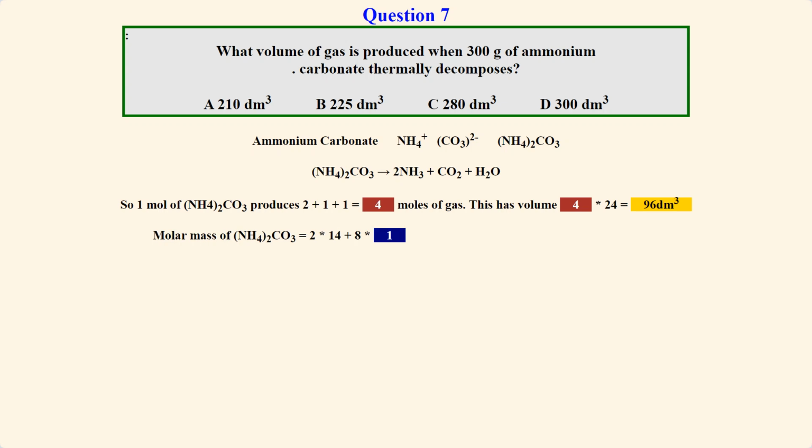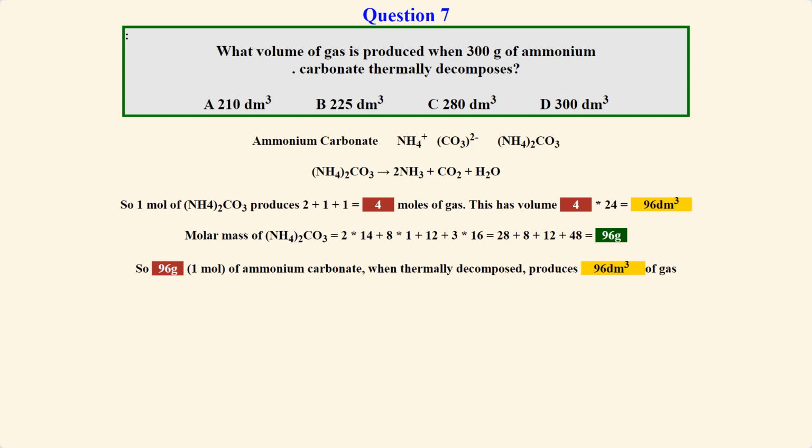Add on 8 times 1, we've got 8 hydrogen atoms, each with an atomic mass of 1. We add on 12, the atomic mass of carbon, we've only got 1 atom of that. And we've got 3 of oxygen, so 3 times 16, 16 the atomic mass of oxygen. If we add up all those figures, we get 96 grams.